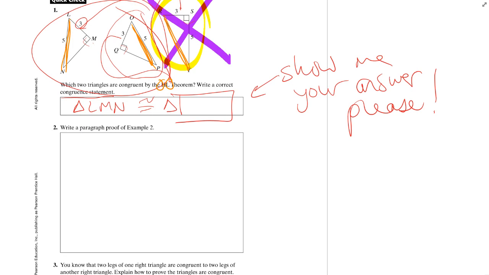Now we have to write a paragraph proof. Well, you know what? We're going to go 2 column. So here are our statements. Here are the reasons.